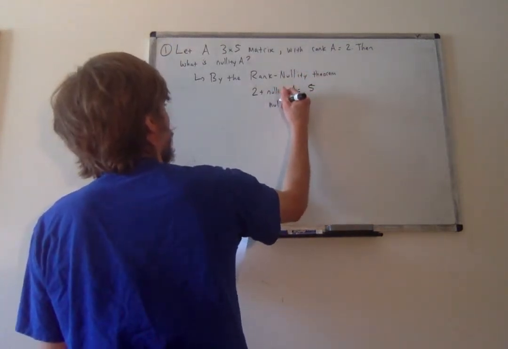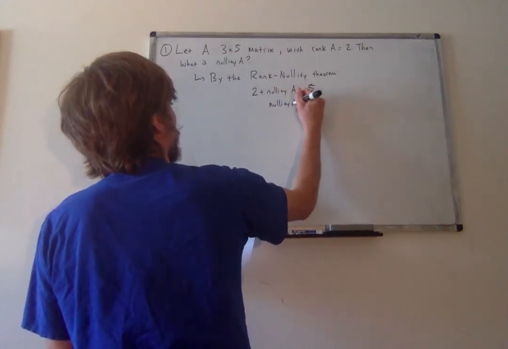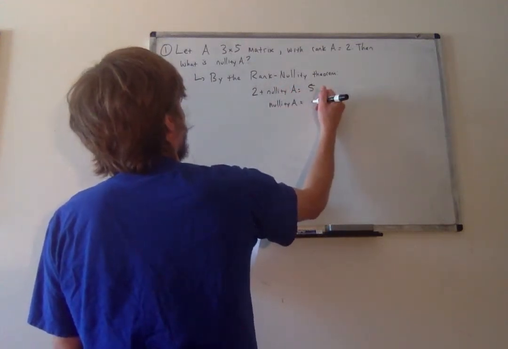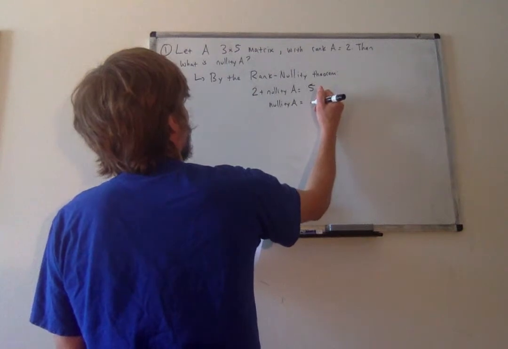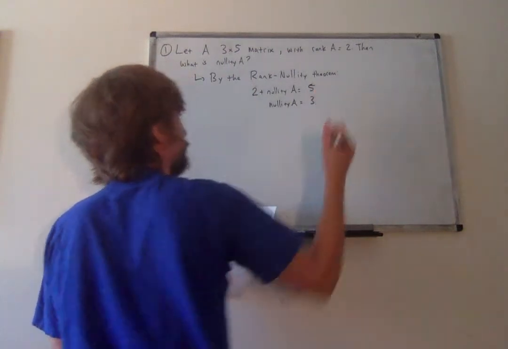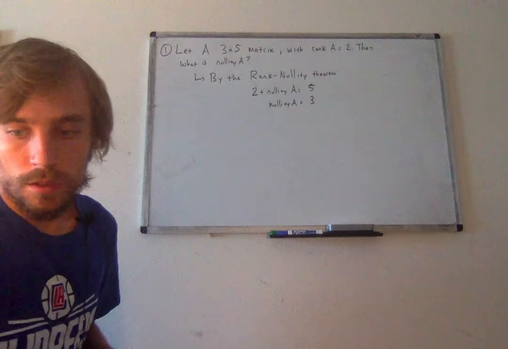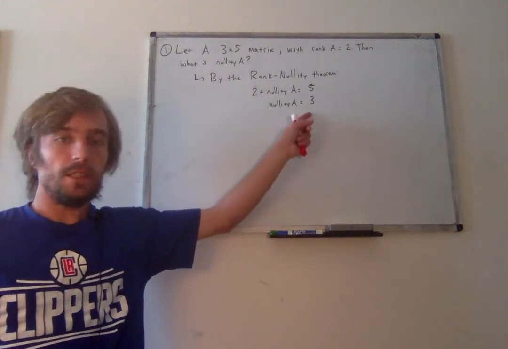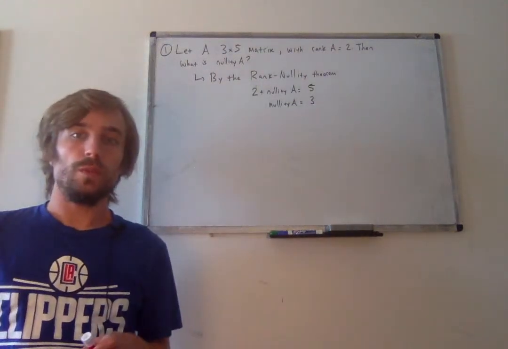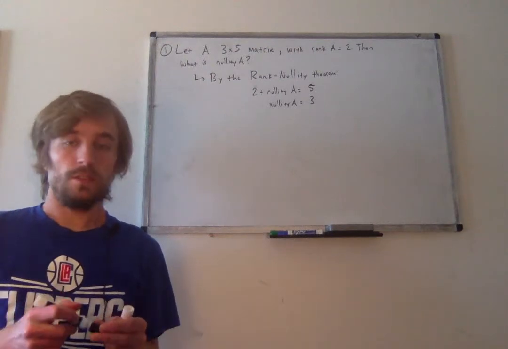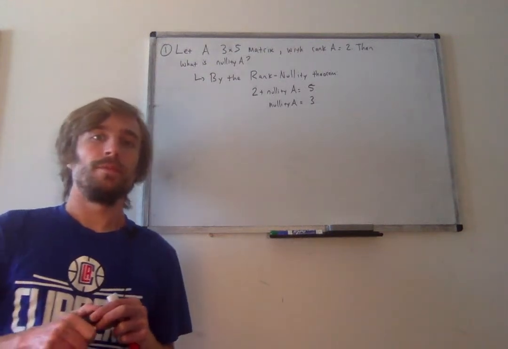And so this means that the nullity of A is equal to 3. And so this means that the dimension of the null space is equal to 3. The dimension of the row space, or sorry, column space, is equal to 2.